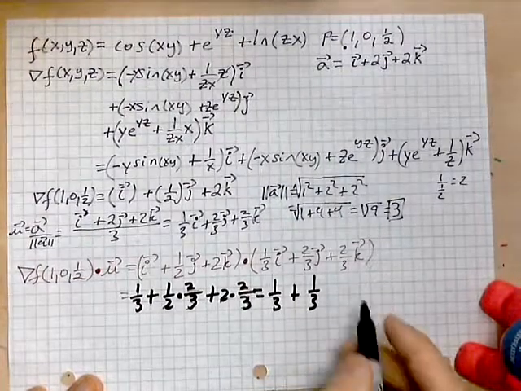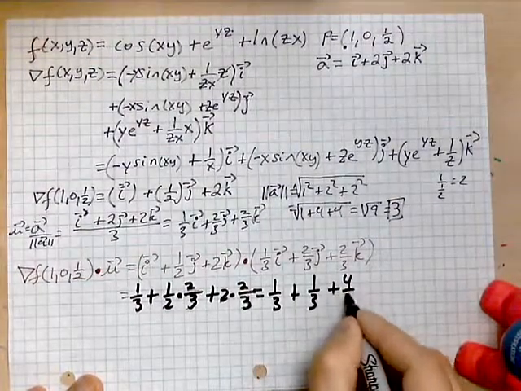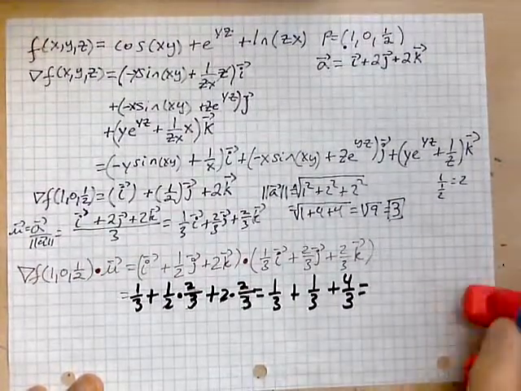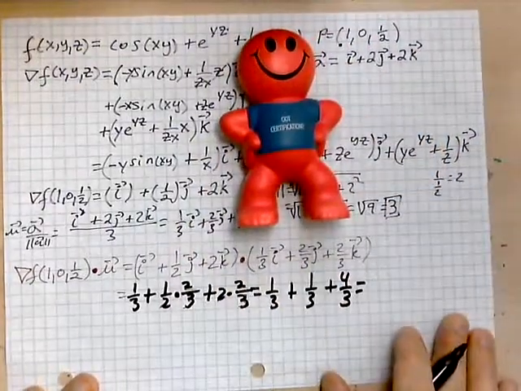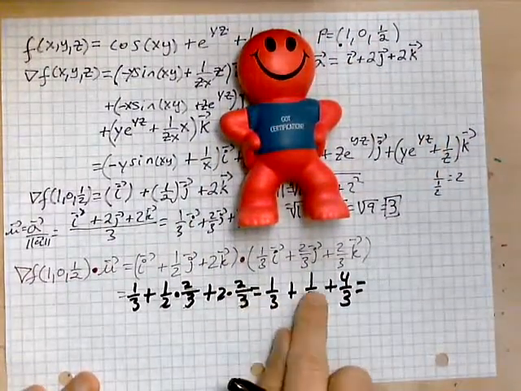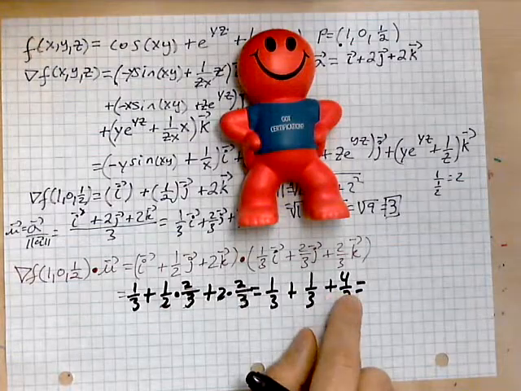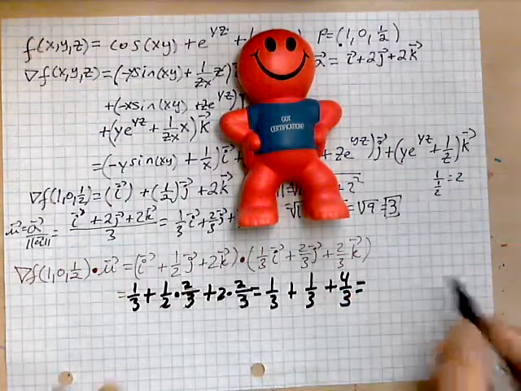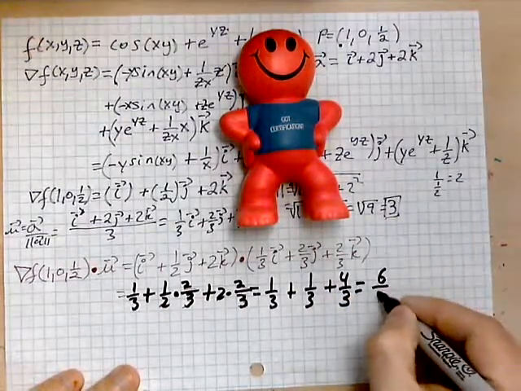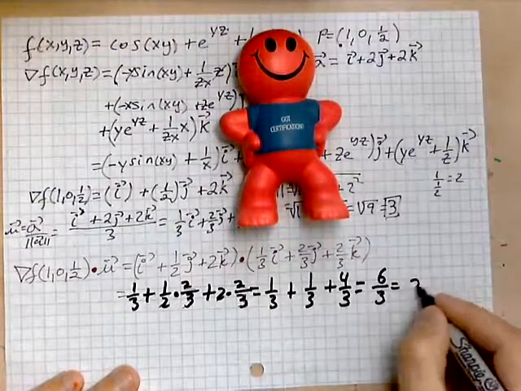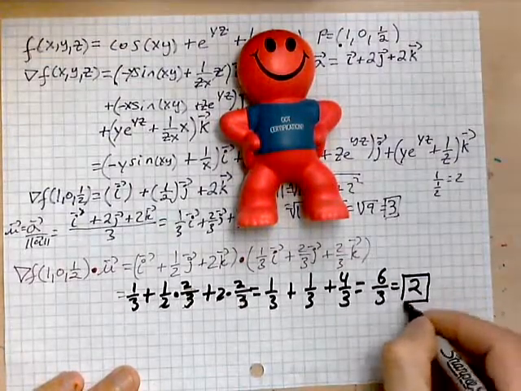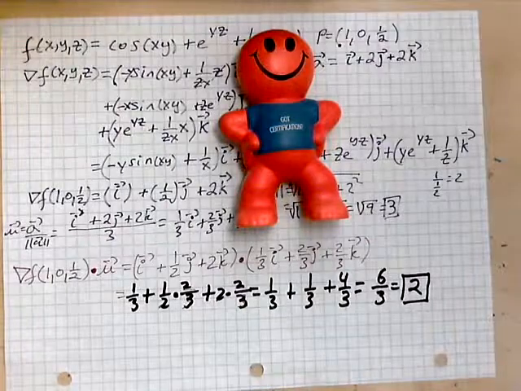And then we have plus 4/3. Okay, so we are just about there. This guy's still smiling. So we've got a 1 and a 1 and a 4. Okay, so that gives altogether 6 over 3, which is miraculously just a nice little number, positive 2.